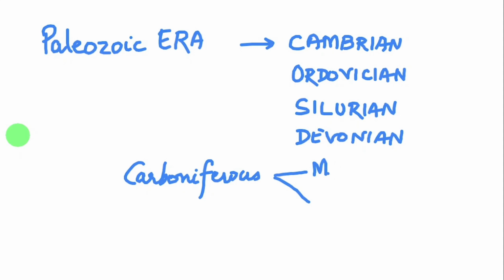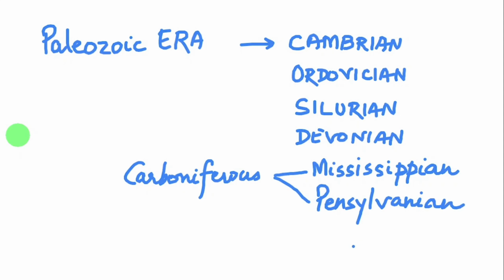First one is Mississippian and Pennsylvanian. And the last one is Permian. So 1, 2, 3, 4, then 5 and 6. This one is subdivided into Mississippian and Pennsylvanian. So we have 6 different periods in the Paleozoic era.